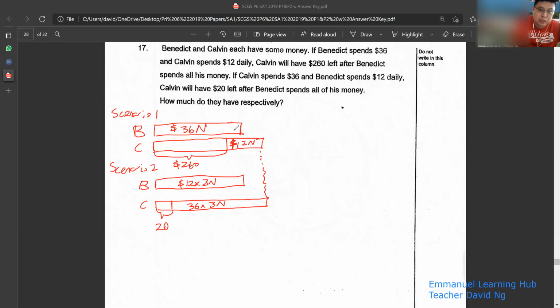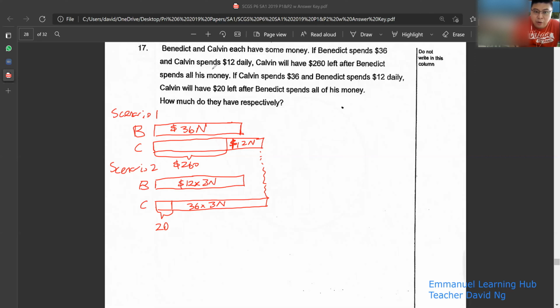N is the number of days. And Calvin spent $12 per day. These two N are the same N. Calvin will have $260 left after Benedict spent all. Okay, understand the scenario 1 model.